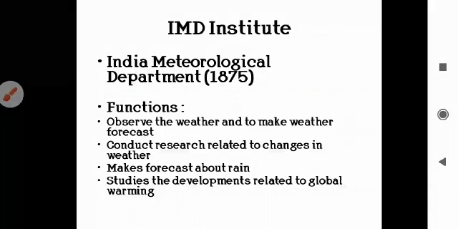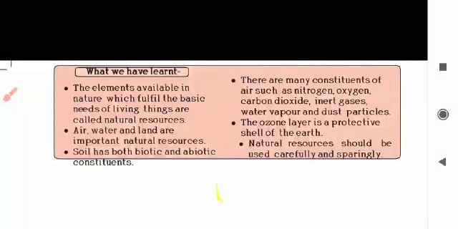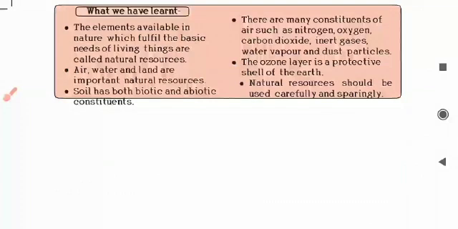So students, did you understand this lesson? In this lesson, we have studied that air, water and land are important natural resources. Natural resources should be used carefully. We have learned about the ozone layer. Ozone layer is the protective shell of the earth.